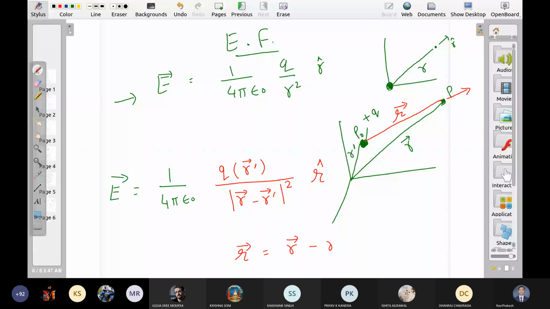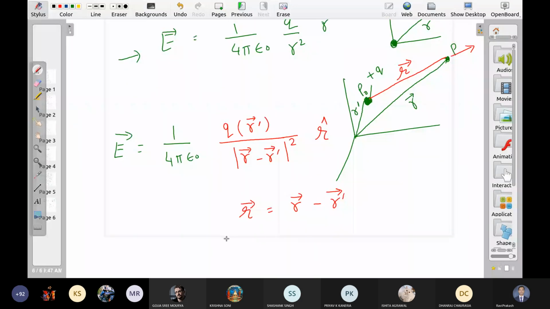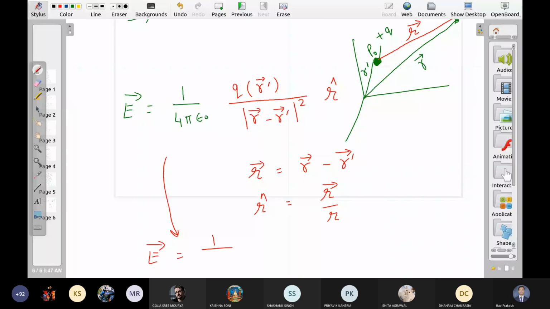And what is r cap? Or I can also write q at r prime divided by, this is actually r square.